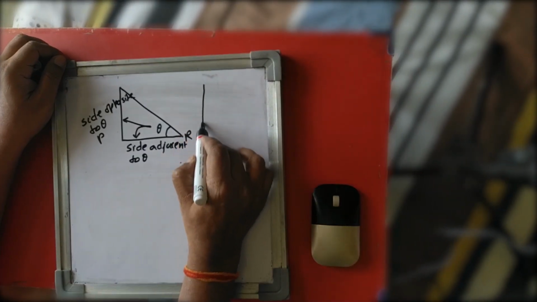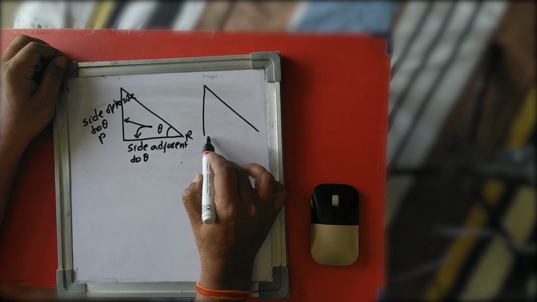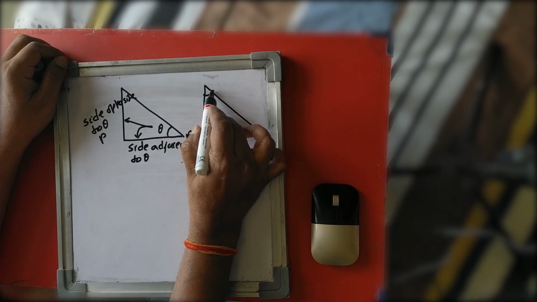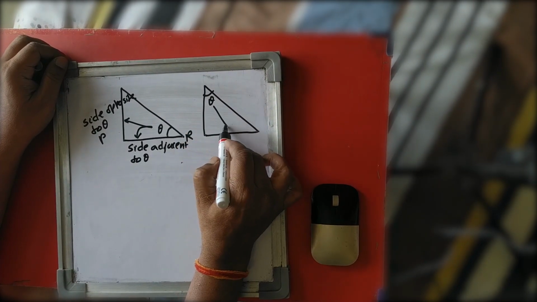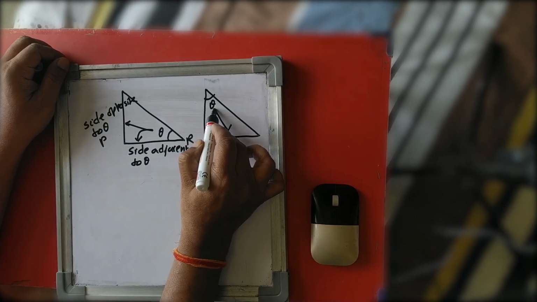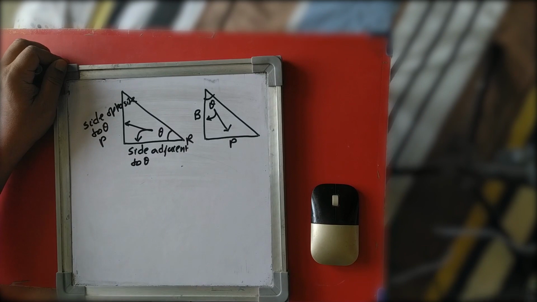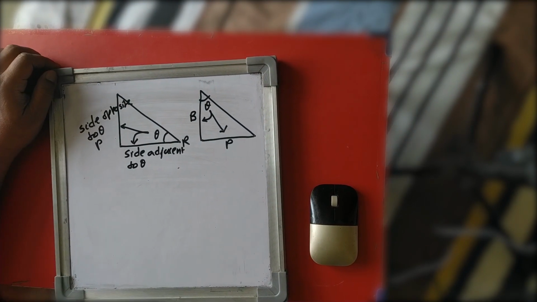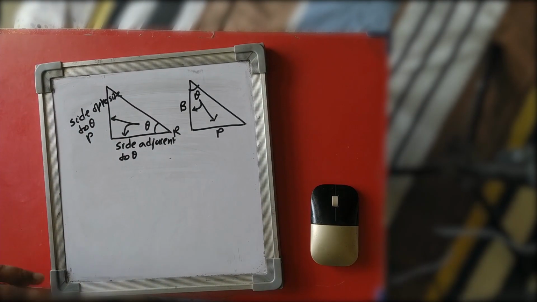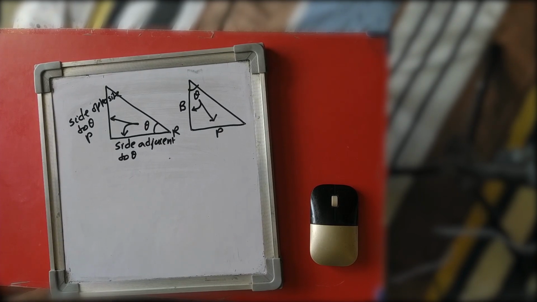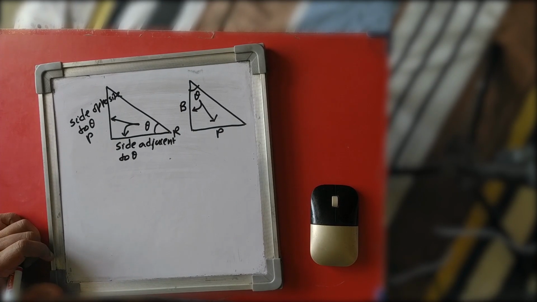In the same triangle, if I draw like this and I say this is my theta, then obviously perpendicular and base get altered. So we clearly now see that perpendicular and base will depend upon the angle of view or the angle which is taken into consideration.